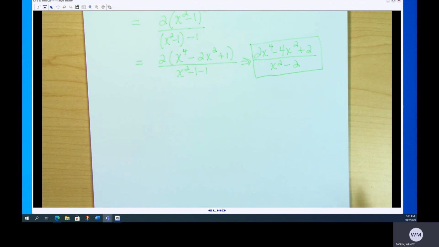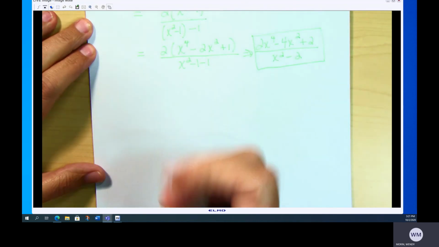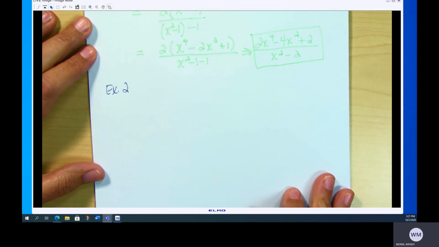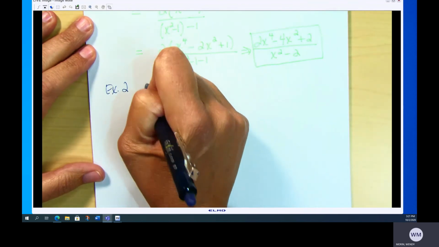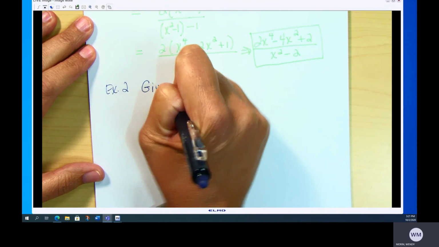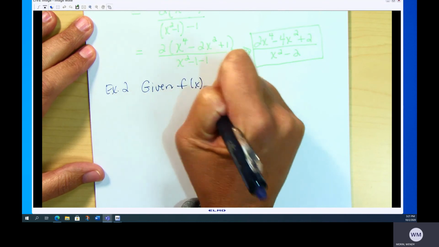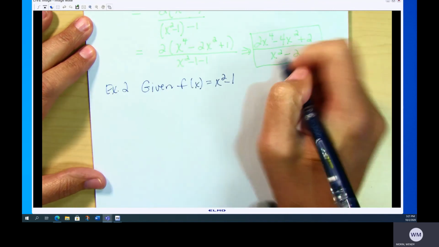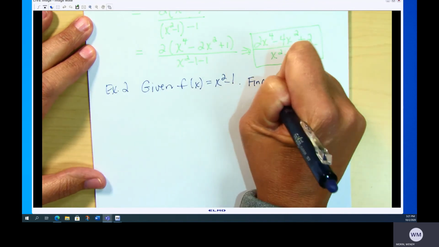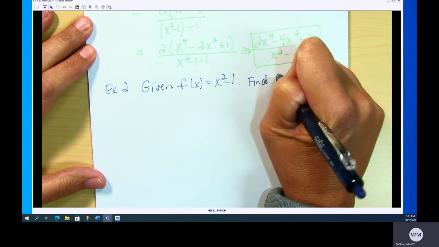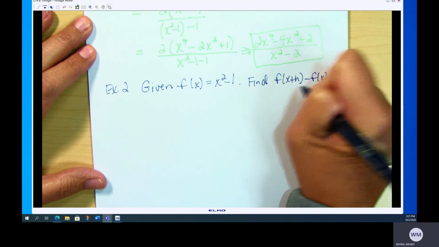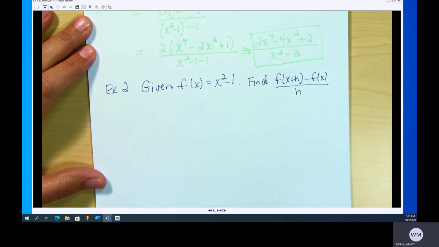Okay? Now, let's take a look at something a little bit different. Let's take a look at an example where they say, given that f of x equals x squared minus 1, and this should look familiar to you, find f of x plus h minus f of x all over h.